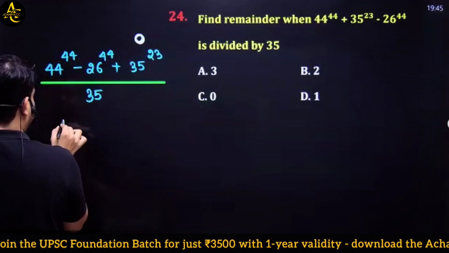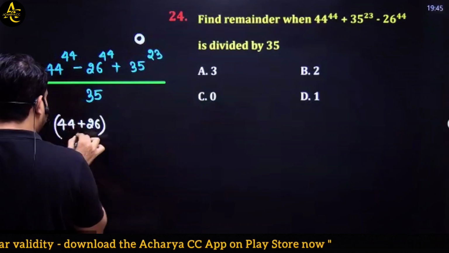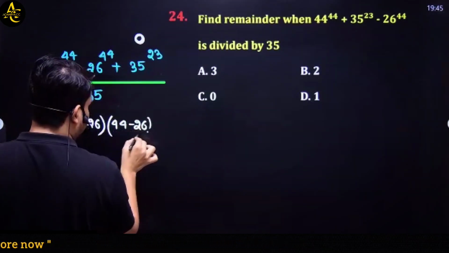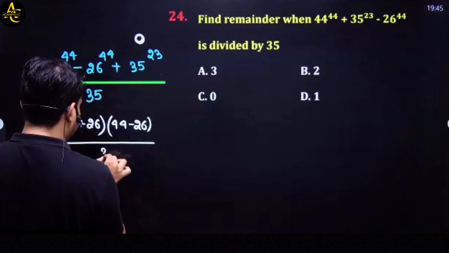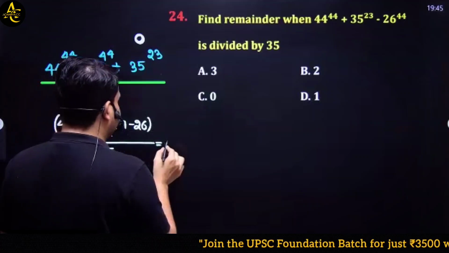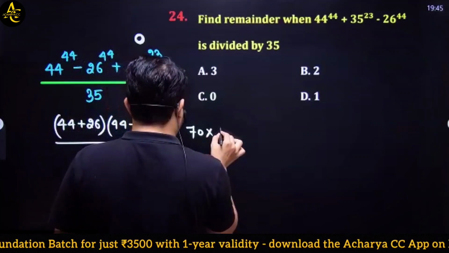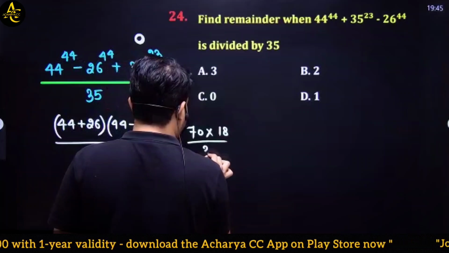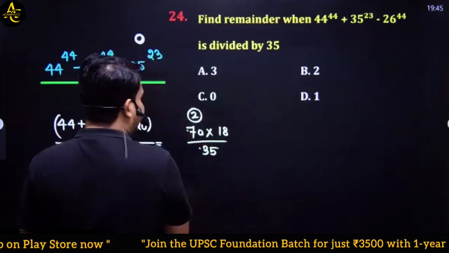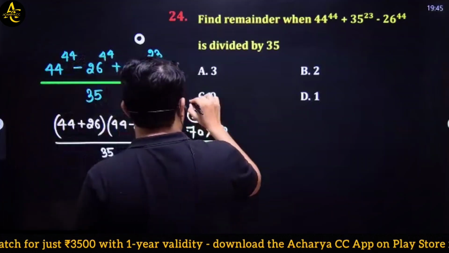One factor will be 44 plus 26, and another factor will be 44 minus 26, divided by 35. We know that 44 plus 26 is 70, so 70 into 18 upon 35. The numerator is completely divisible by the denominator. The answer will be 0.